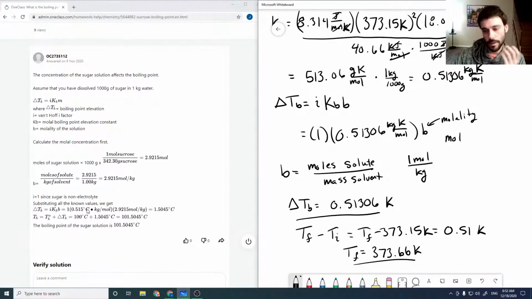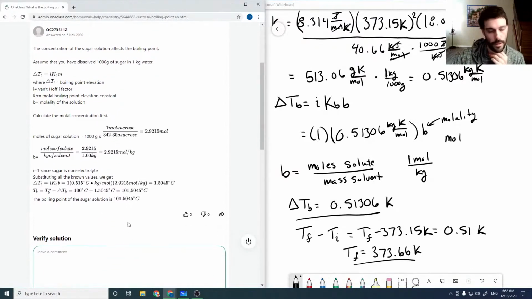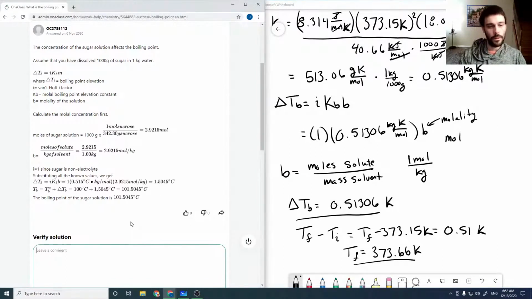It's about the same, 0.513, 0.515. And depending on the molality you're given, you would get a different value for your elevation. And of course, depending on the units. So that looks good.